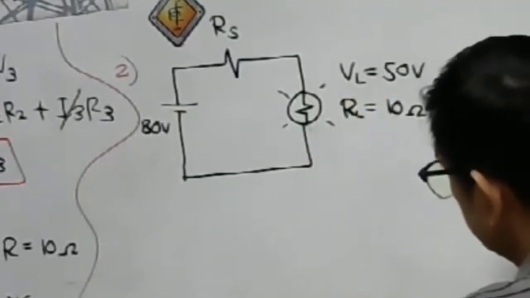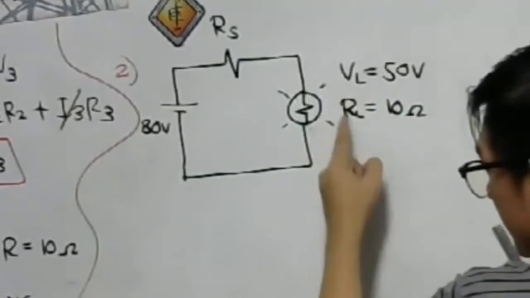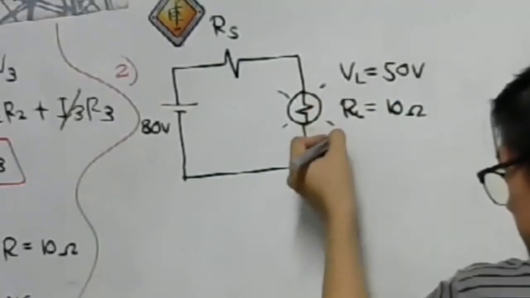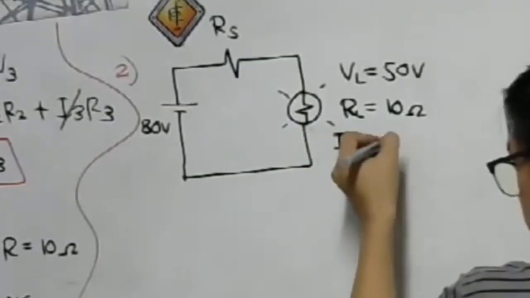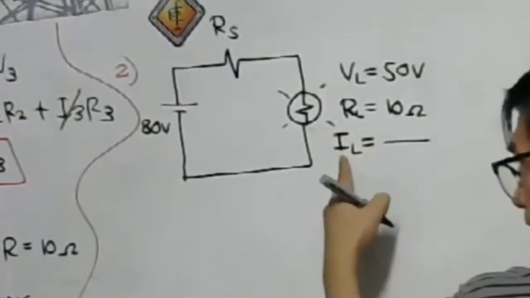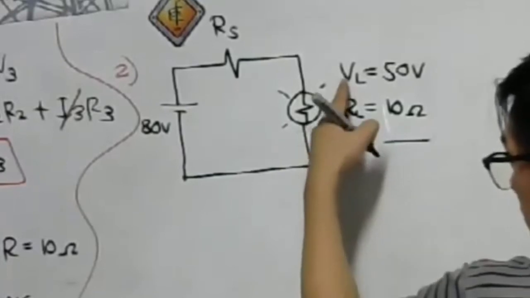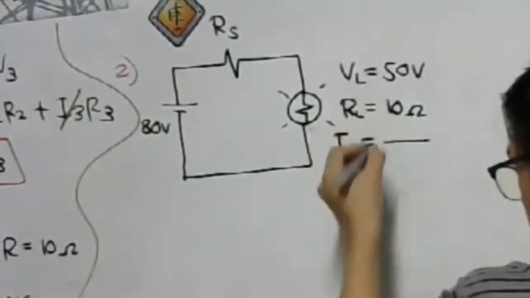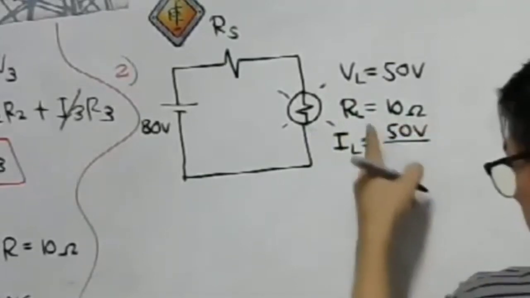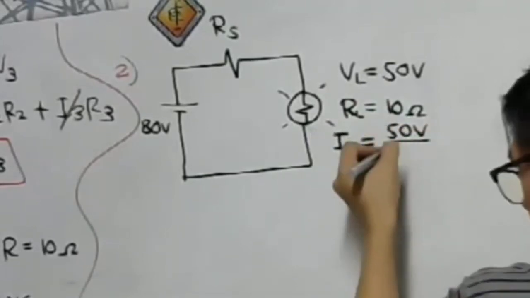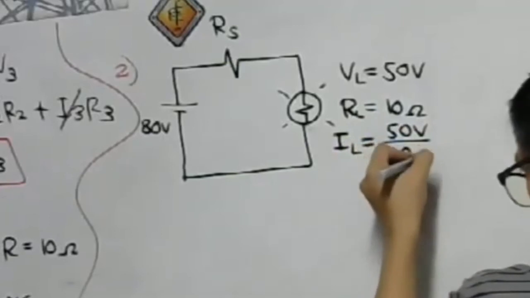Here we can calculate the current of the lamp simply by Ohm's law. What is the current at the lamp? That is simply equal to the lamp voltage, 50 volts, divided by the resistance, 10 ohms.